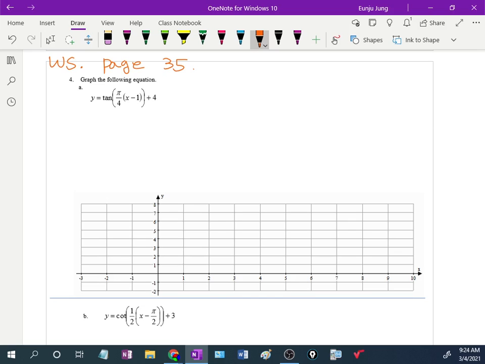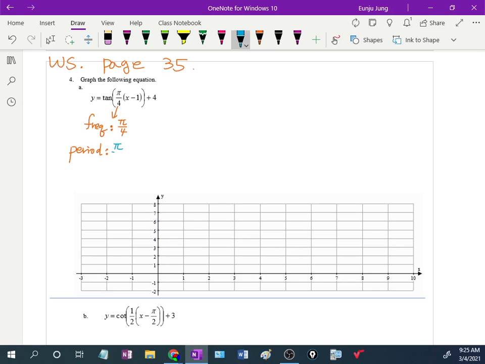So to graph, I'd like to see the period. Is it possible to see one cycle, one period, from the equation? No. So I need to use frequency. Frequency is the coefficient of x as an input, inside. So this is pi over 4. And the parent function of the tangent function has a period of pi.